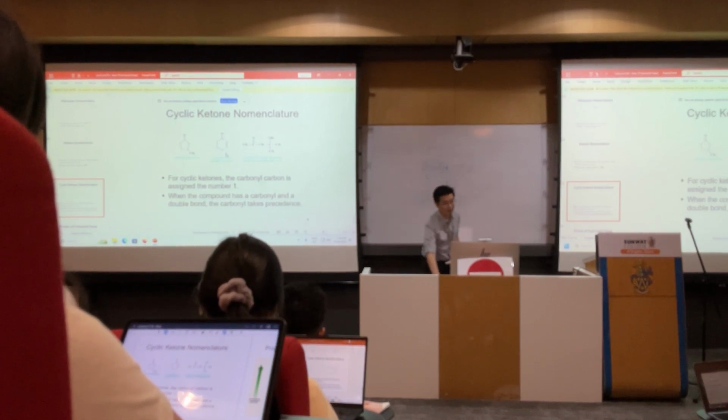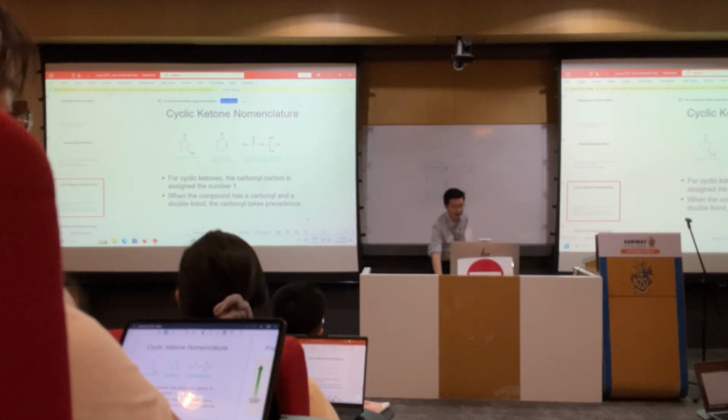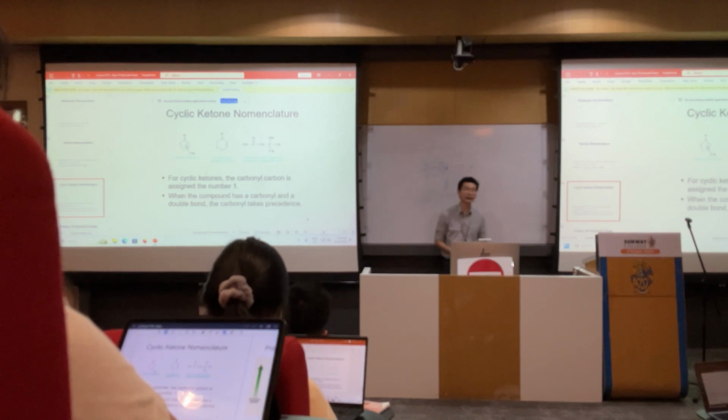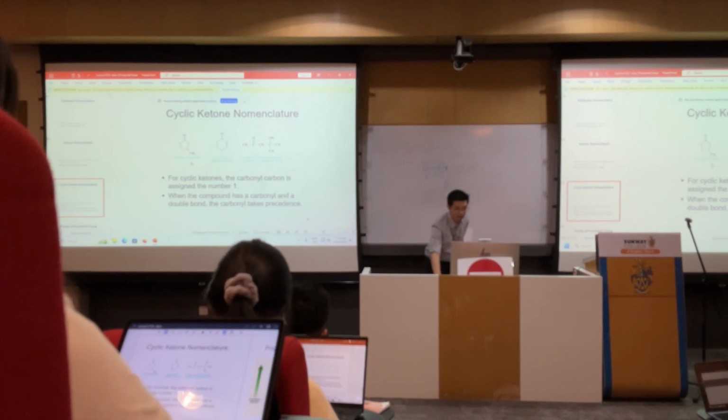You name it based on the number of carbons in the cyclic ring. For example, this is a cyclopentanone. Then substituents are numbered based on priority. The carbonyl group is always regarded as carbon number 1. So in this case, this is 3-methylcyclopentanone.